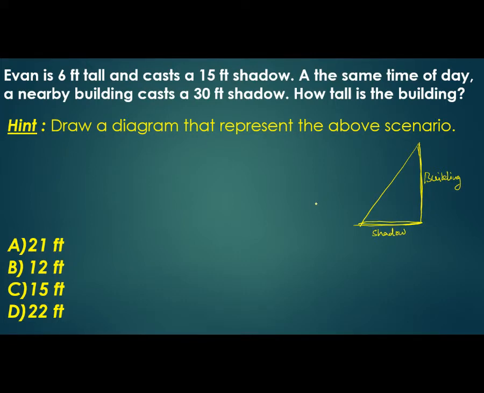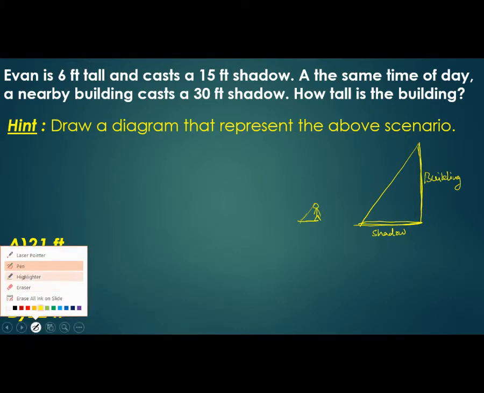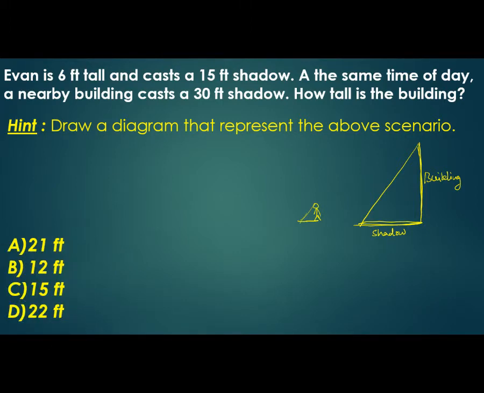And Ivan is not as tall as the building, and his shadow is falling on the ground here. Now you may label both the triangles, like this is A, this is B, this is C, and maybe this is P, this is Q, this is R.